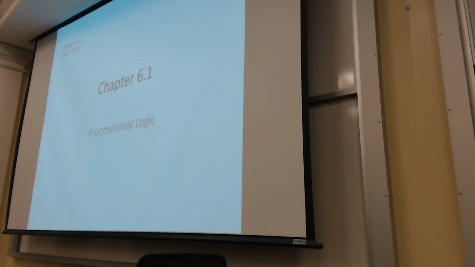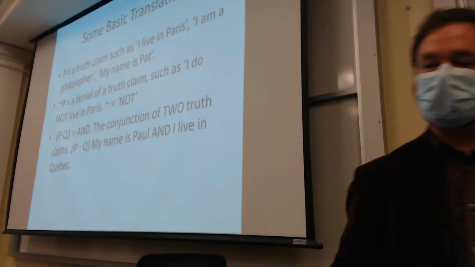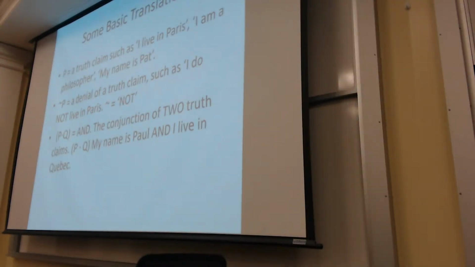All right, propositional logic. All right, let's learn some basic translations. P, or any other capital letter, is a truth claim. And the truth claim can be anything, and you can assign any letter to any truth claim as long as you use the same letter consistently.